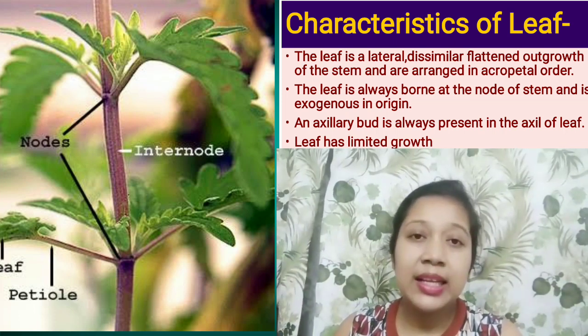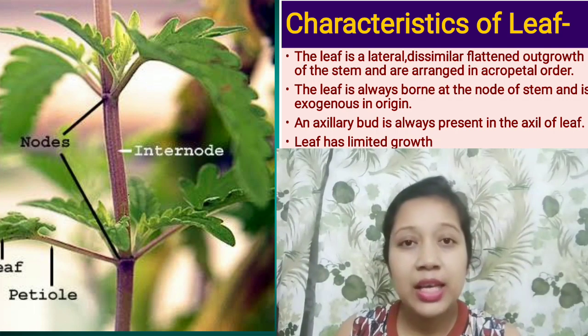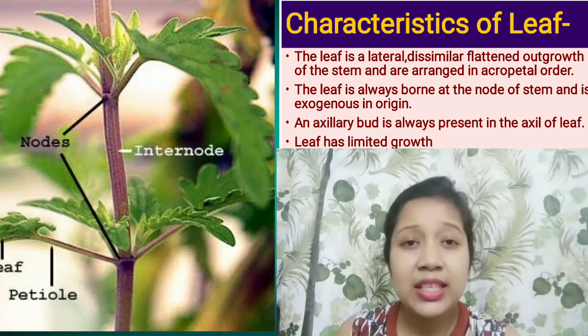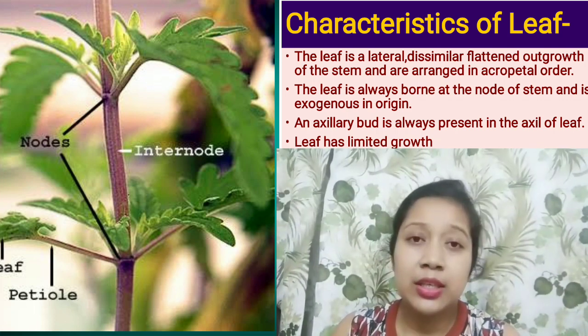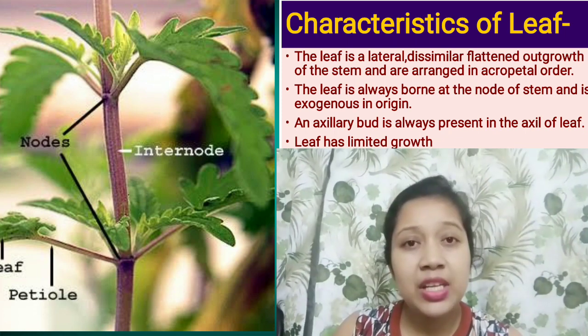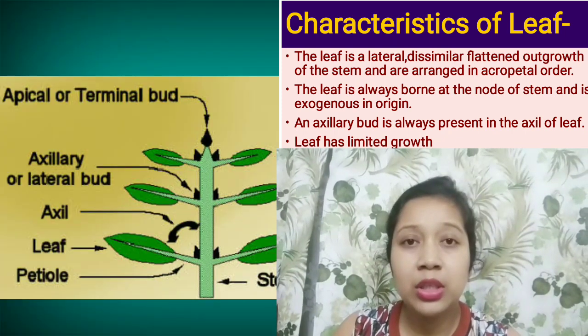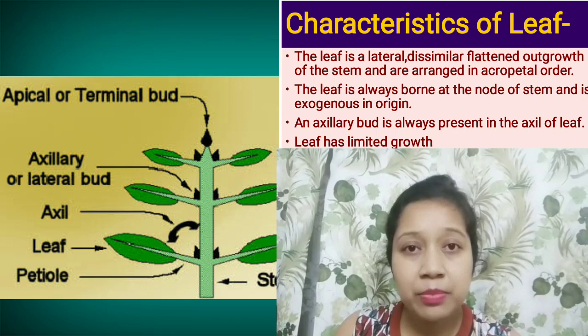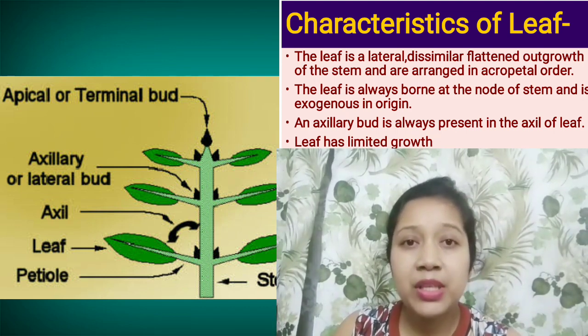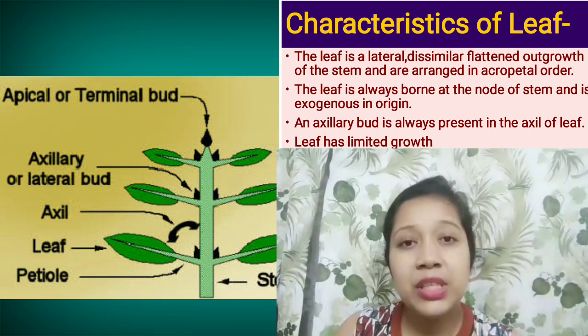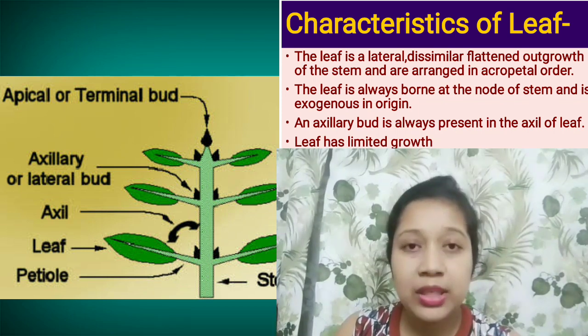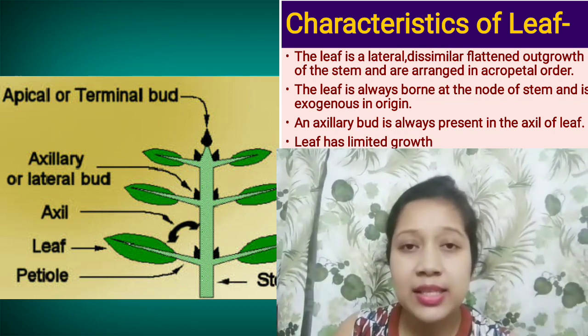As we know, the stem has an axil point. In the diagram, as you can see, that is the point in between two stems. First is the main stem, and from the main stem, when another stem arises from the node, that particular point is called the axil point.